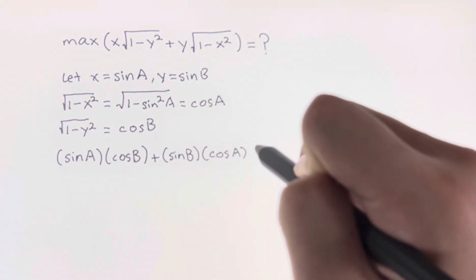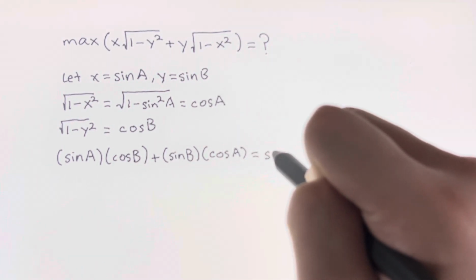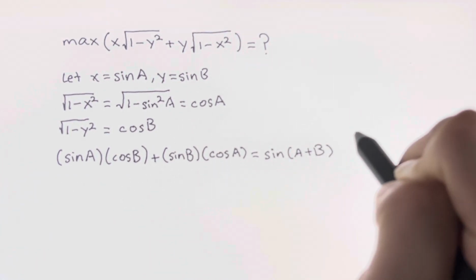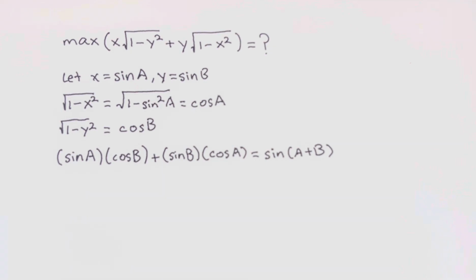And we can simplify this. So this will equal sine of A plus B. And then, this complicated algebraic expression has transformed into something much simpler, sine of A plus B.